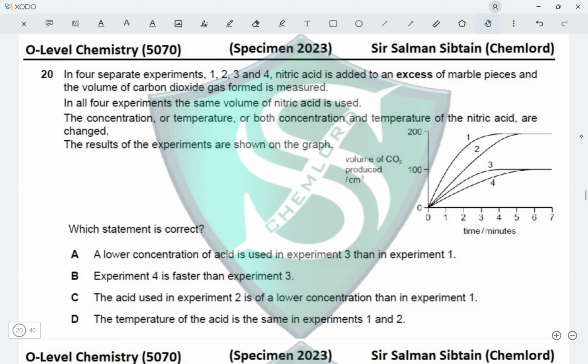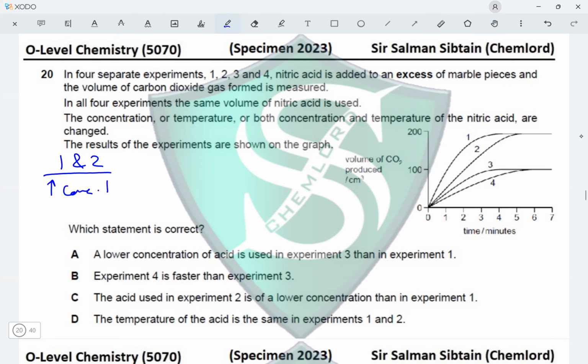So as you can see, graphs 1 and 2 are producing more carbon dioxide compared to graphs 3 and 4. So this shows that 1 and 2 have more volume of CO2 being produced, that means it has a higher concentration of nitric acid present.